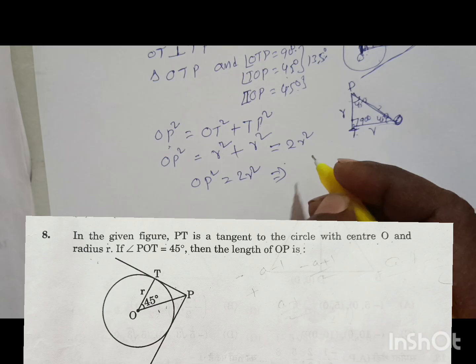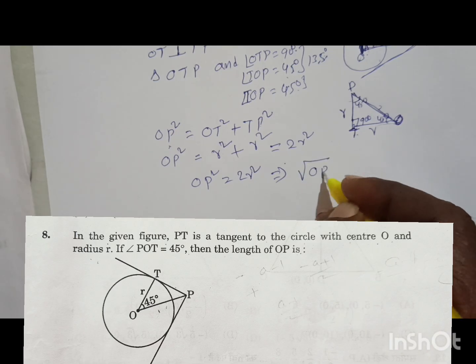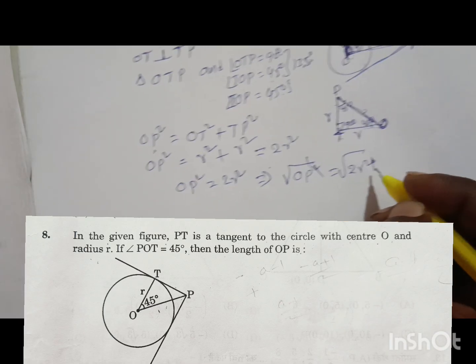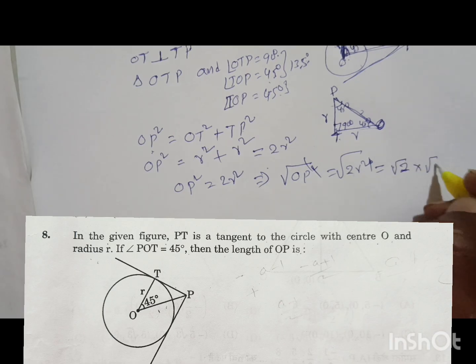Applying the square root on both sides, OP square equals 2R square, so the square and square root cancel. Separating the square root, we get root 2 into root R square.